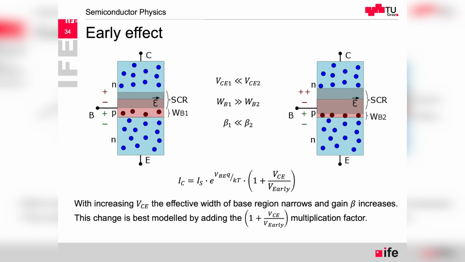So the base region becomes even thinner, with less of the base region where potentially the electrons might recombine. So they won't recombine so easily because there is less base. They cross to the collector side, and then they are swept into the collector. So effectively, with the lower probability of recombination because of the thinner base region, we have an effective increase of the beta, which is dependent on the applied voltage. That's why we model it in that way.